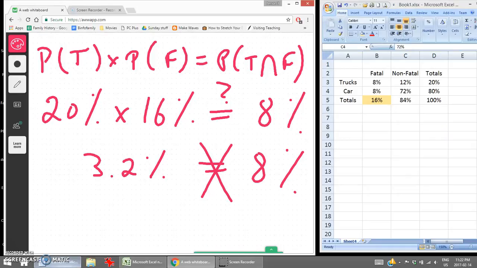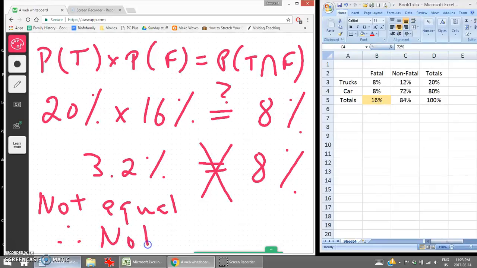Because they are not equal, we cannot say that they're independent. They're not equal, therefore they are not independent. So there is a degree of dependency. Being in a fatality is dependent on the type of vehicle that you are driving.